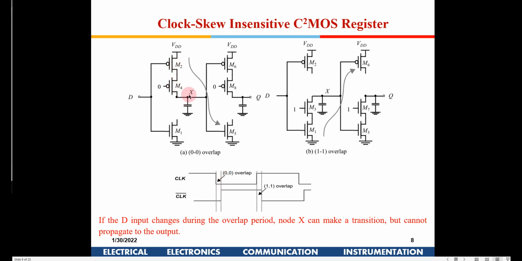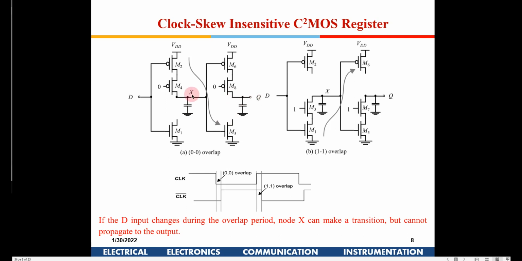And in the next stage, this transistor, which was off initially, can get switched on. But this transistor remains off, so the output doesn't get affected.